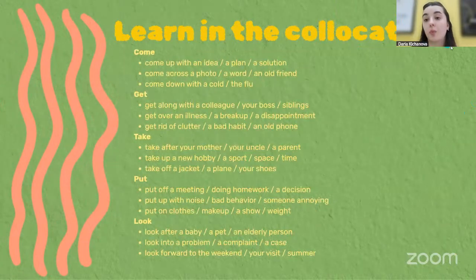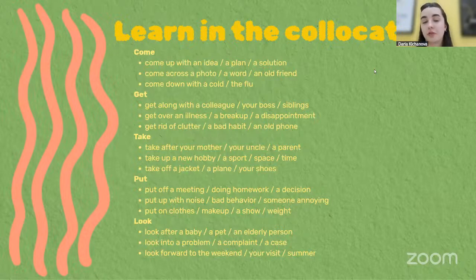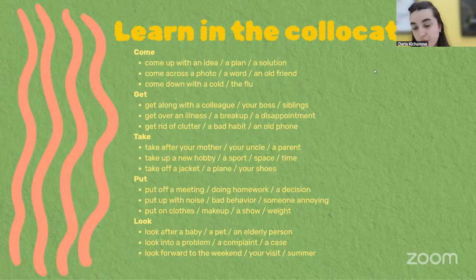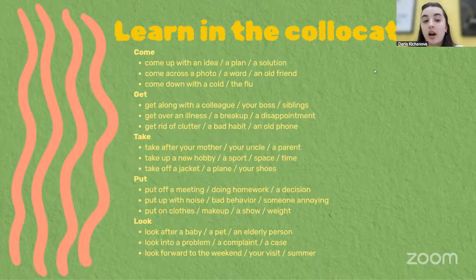But one more piece of advice for you is to learn phrasal verbs in collocations. As I said, a collocation is some fixed phrase that is used in English. Why do I recommend doing this?